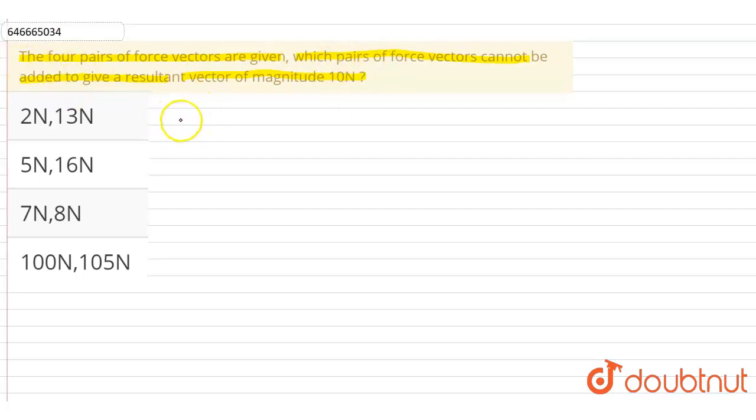So before going to the options, let me tell you. Let's say the first force is F1 vector and the second force is F2 vector. So we can write the resultant force is equal to F1 vector plus F2 vector. Now by squaring both sides, we can write Fr whole square is equal to (F1 vector plus F2 vector) whole square.